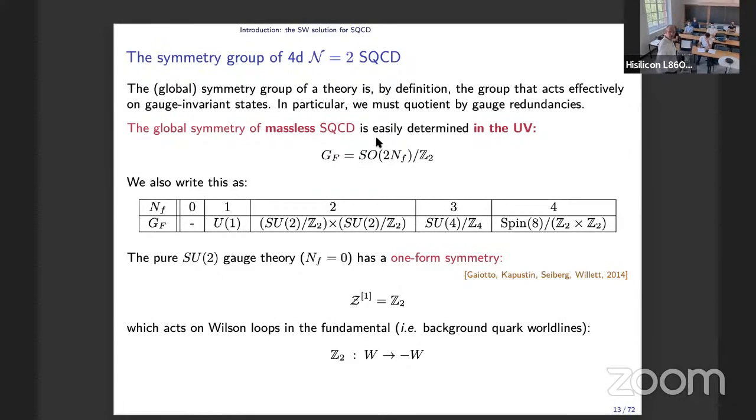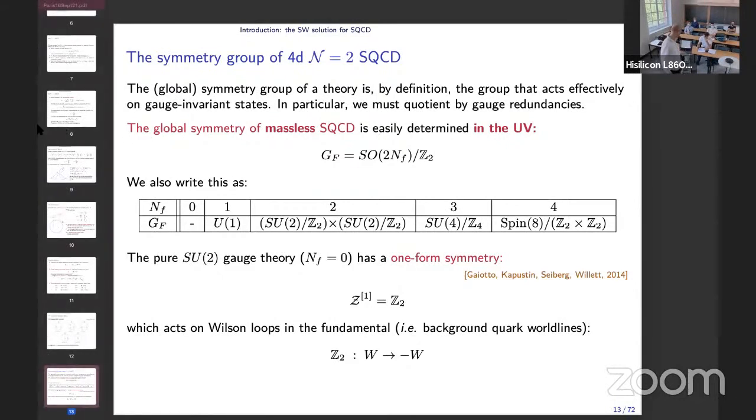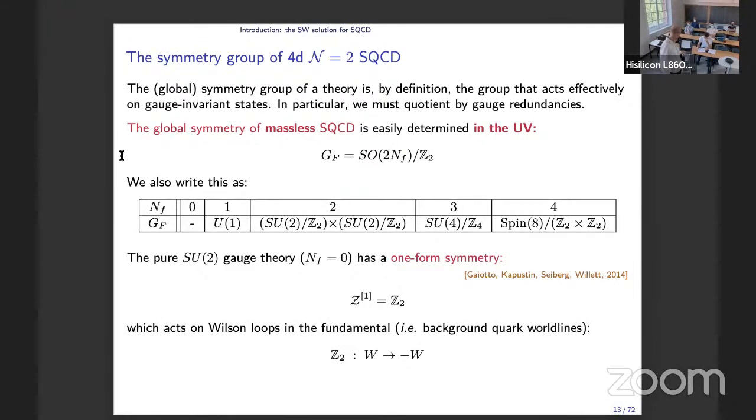In this case, the global symmetry of massless SQCD is easily determined in the UV, because we have a Lagrangian, and it's SO(2Nf), the global SO(2Nf), not mod Z2. The Z2 is just because changing signs of all the quarks here is a gauge symmetry. We can write this group for Nf equal 1, 2, 3, 4 in this way, which will be useful in the next slides.